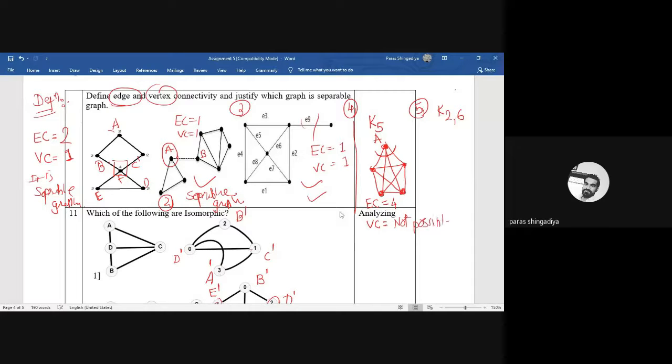If you have any complete graph, then vertex connectivity will not be possible in any case. You cannot find two disconnected parts after deletion of some vertices. Clear? Now check for the K26 graph. Draw the K26 and then derive its edge connectivity and vertex connectivity.